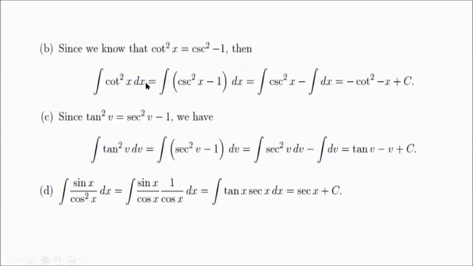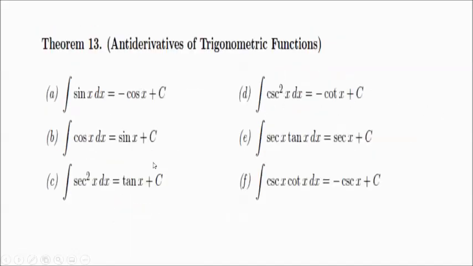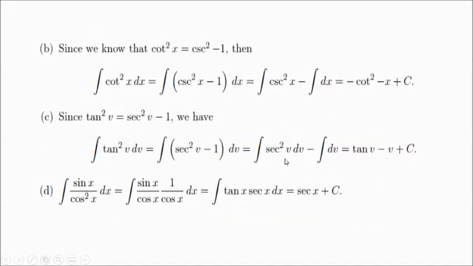Next. How about the integral of cotangent square x dx? Now class, since cotangent square is not in the formula, we can think of, if possible, using a trigonometric identity so that an integral we can work with comes out.